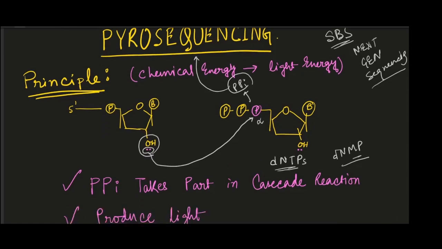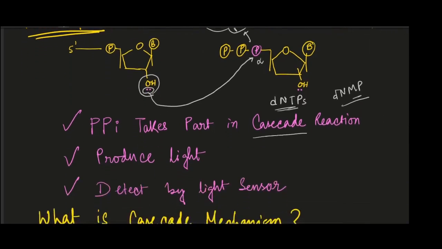Now this pyrophosphate undergoes a cascade reaction. Now let's talk about what a cascade reaction is. Let's say we have three reactions: from A to B in the presence of enzyme 1, then the second reaction is B turned into C in the presence of E2, and the third one is C turned into D in the presence of E3.